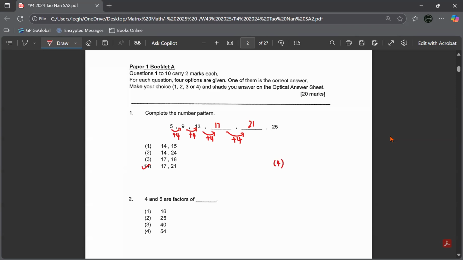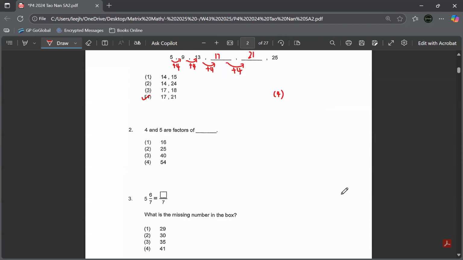Okay. Question 2. 4 and 5 are factors of what number? So that means we have to see out of these four given options, 4 and 5, it can be divided by which number? Okay. So if you want, you actually can list out all the factors. But for me, I will have to know, can 16 be divided by 4? Yes. But 16 cannot be divided by 5. So 16 is out.